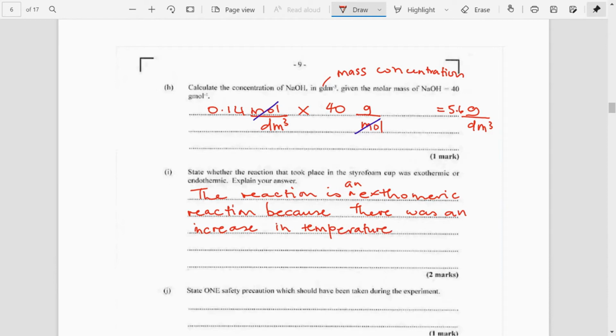Increasing temperature is not characteristic of an endothermic reaction, right? So the reaction is an exothermic reaction because there's an increase in temperature as heat is being released, which is a characteristic of exothermic reactions.